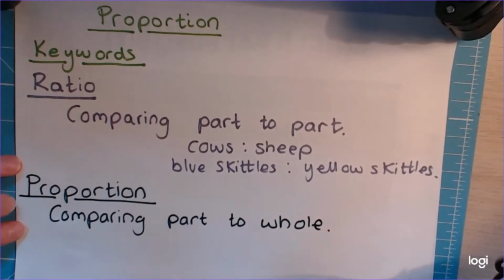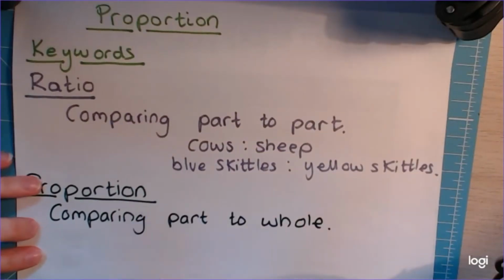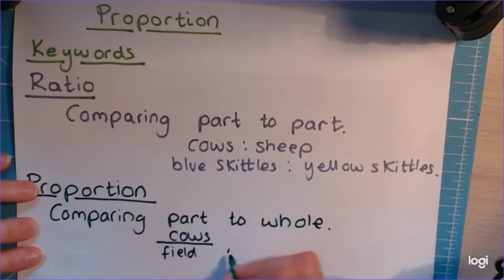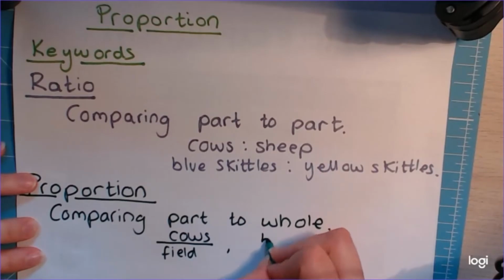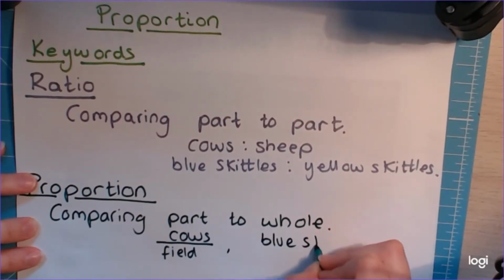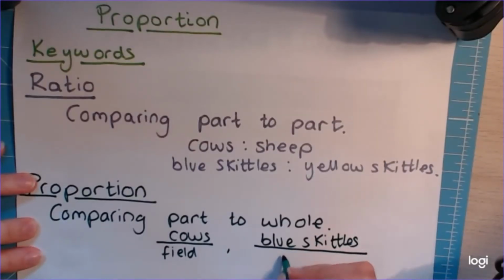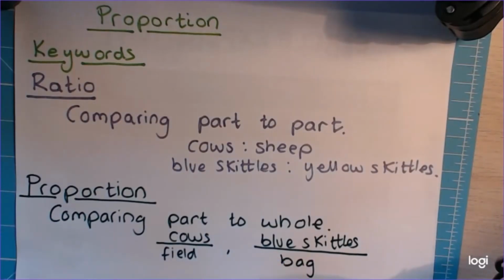Okay, so here we might be looking at, well, how many cows are there out of the whole field of animals, okay? We might be looking at how many blue Skittles there are out of the bag, okay, out of all of them. So this is where we're comparing something to the whole thing.